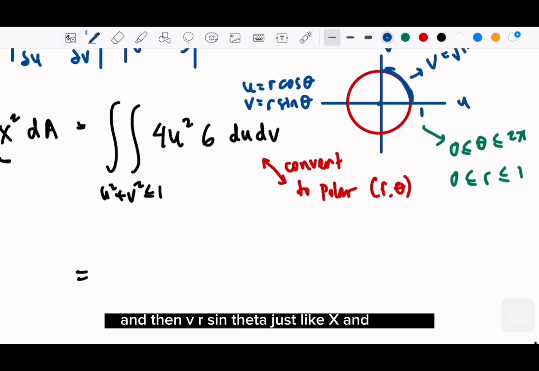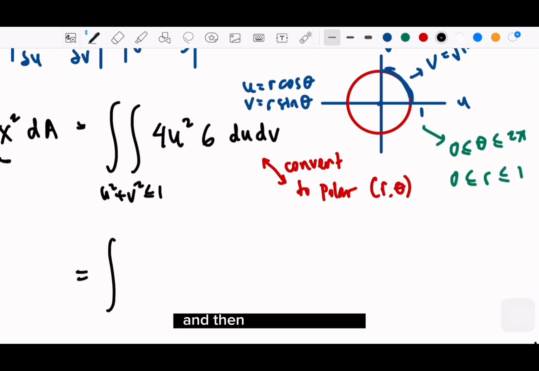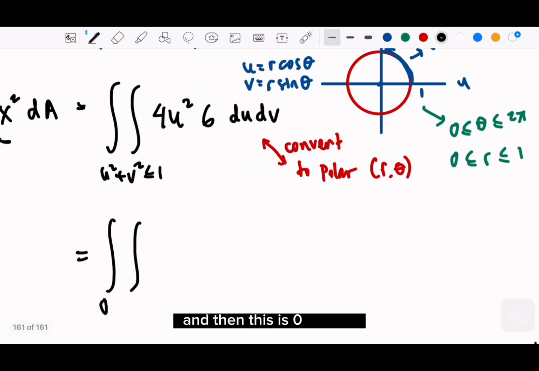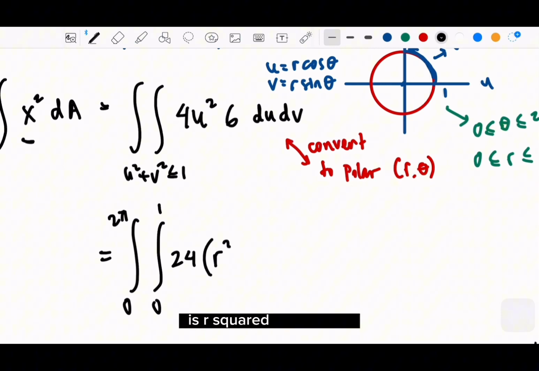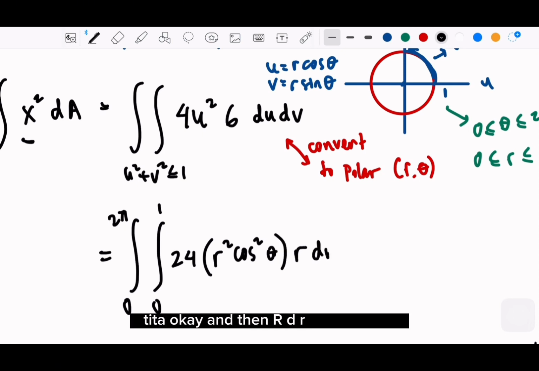Okay, just like x and y. And then this is 24, and u squared becomes r squared cos squared theta. Okay, and then r dr d theta.